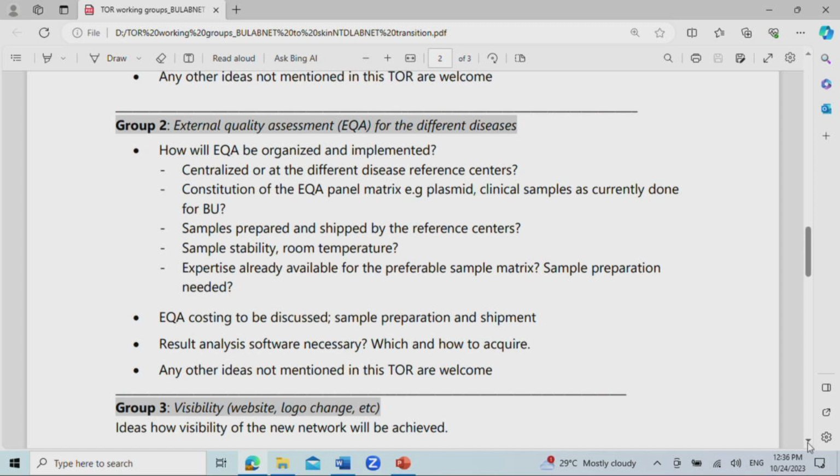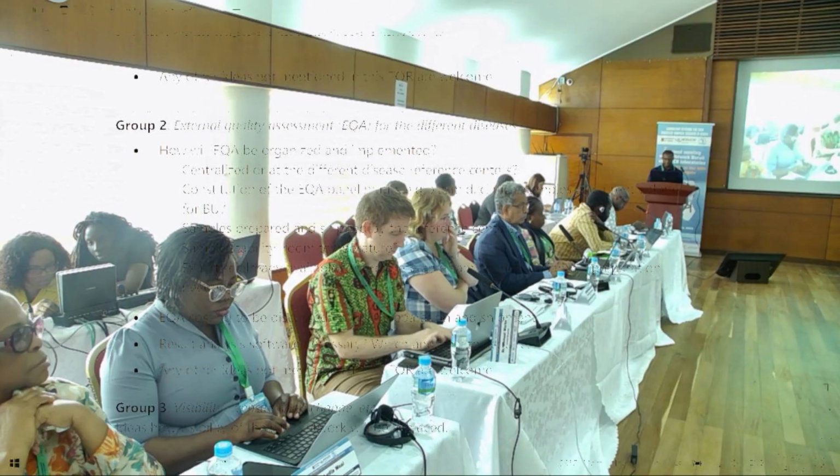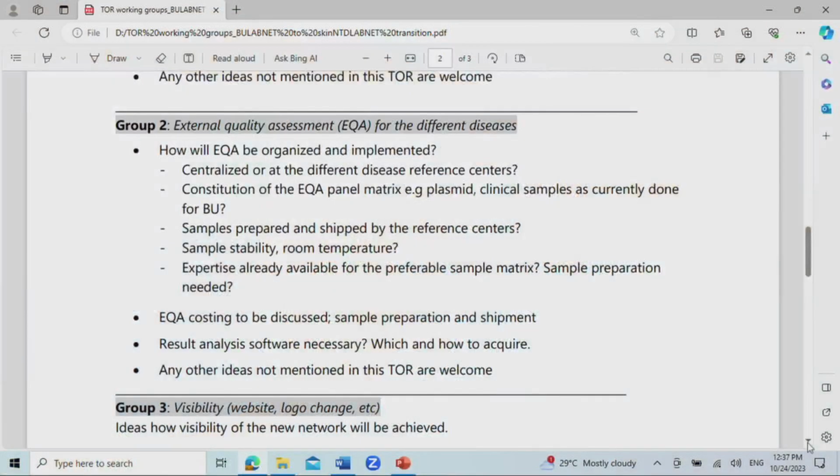We have a good example of what we did using plasmid, and I think we can easily standardize EQA for different diseases using plasmid. It's not expensive, and it could be easily developed. Even if you do not have expertise on the disease, you are able to develop the whole panel using plasmid. We will discuss that because it's also stable. You can send it and ship it easily.